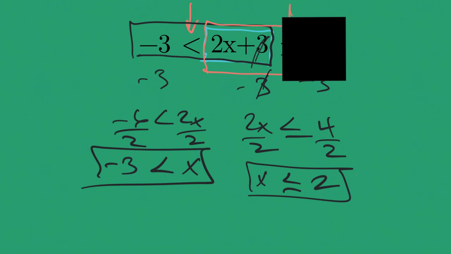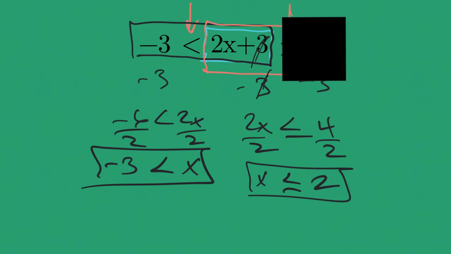Okay? All right? Now, here's your compound inequality. You've got two sets of answers going on. We've got values that are less than or equal to 2, and we've got values that are greater than negative 3. Okay?